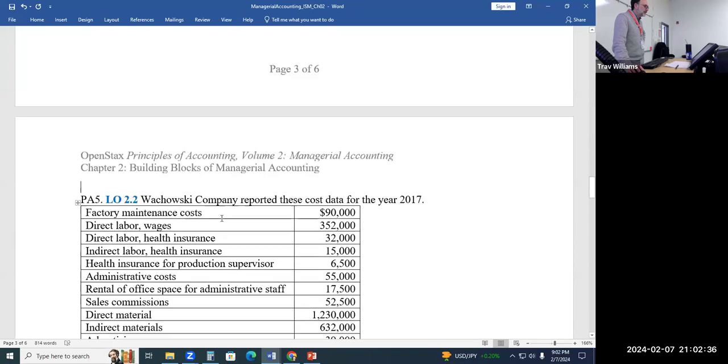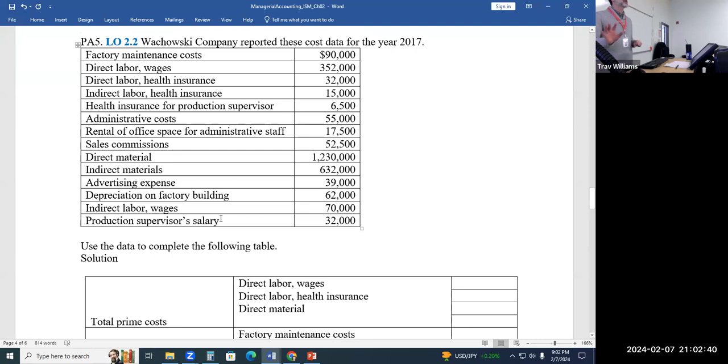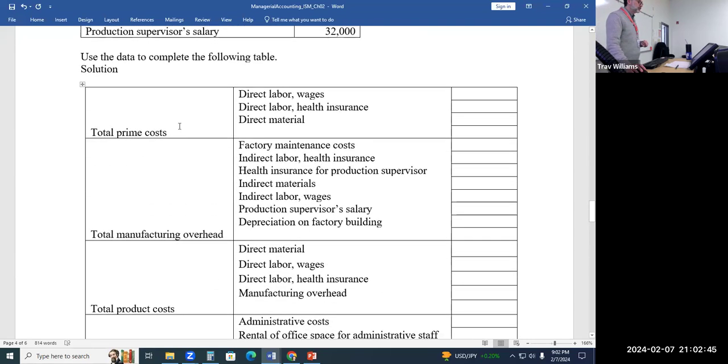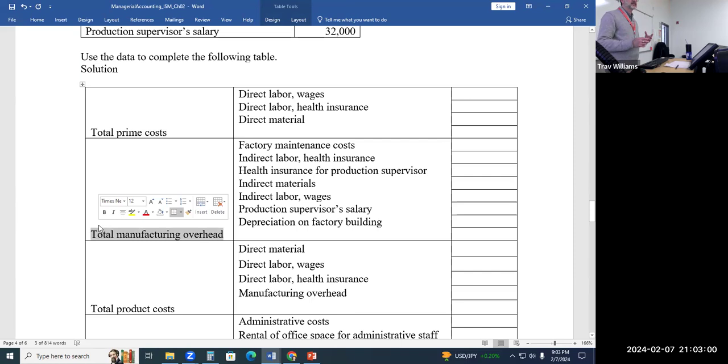Let's look at 5 and 6. Number 5 is actually pretty easy. Number 5 has prime costs. Who knows what prime costs are? Prime costs are direct materials and direct labor. Okay. It has manufacturing overhead, which is the other production costs, right? There's direct material, direct labor, everything else related to production is manufacturing overhead.